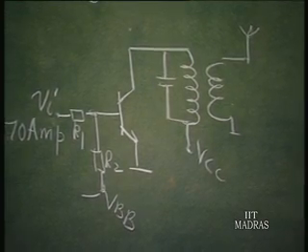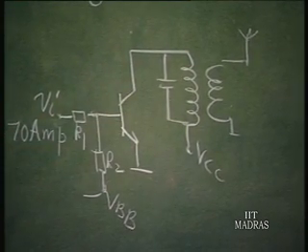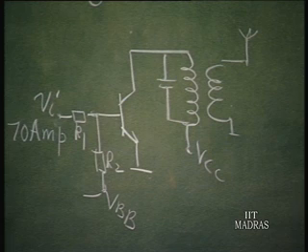So, effectively we said there is going to be a current pulse here, angle of conduction being decided by us. Smaller the angle of conduction, better is the efficiency. Of course, the output power delivered depends upon the angle of conduction. If you want to deliver large output power, it has to conduct for a longer duration.